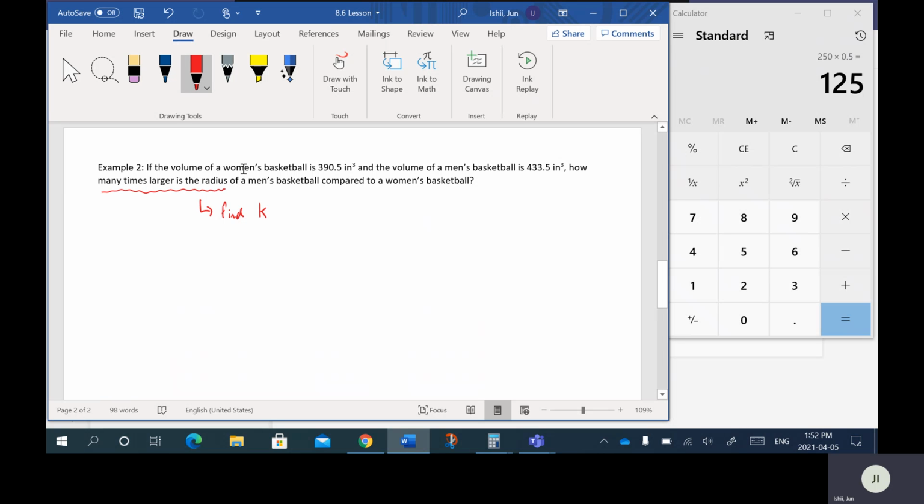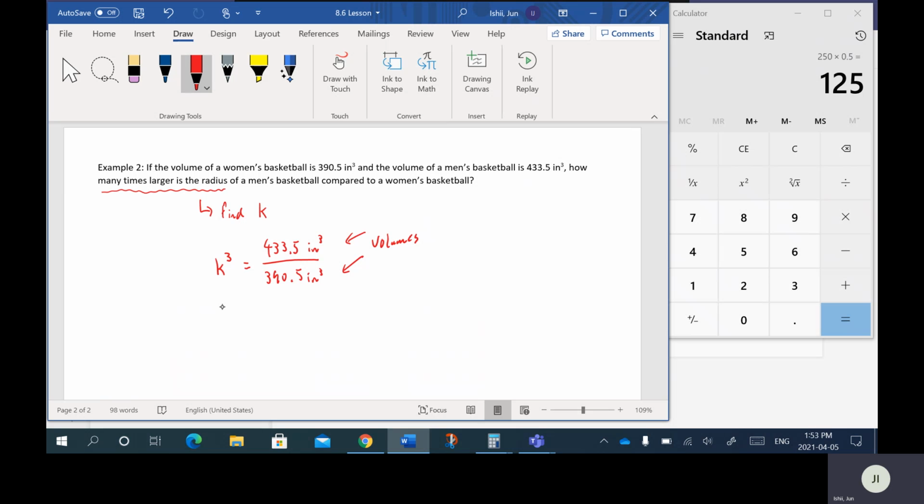We can consider the women's basketball as the original, and the men's basketball as the new one. If I compare the two volumes, 433.5 inches cubed divided by 390.5 inches cubed, this should be equal to k cubed, because we are comparing volume.